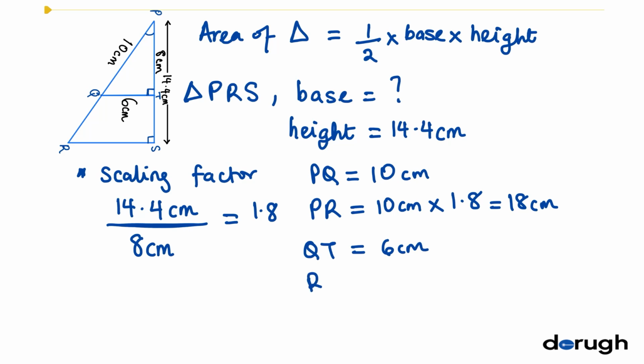So RS, which is the corresponding side in the bigger triangle, would be 6 centimeters times 1.8, which is 10.8 centimeters. That's how the scaling factor works. So now that we have our RS, we can find the area of triangle PRS.